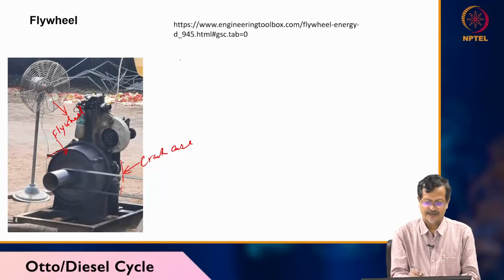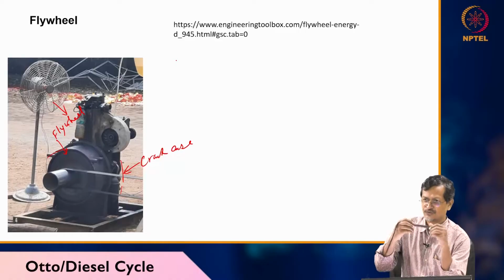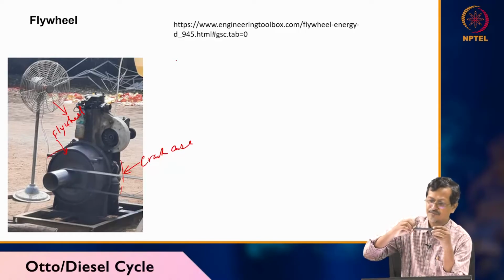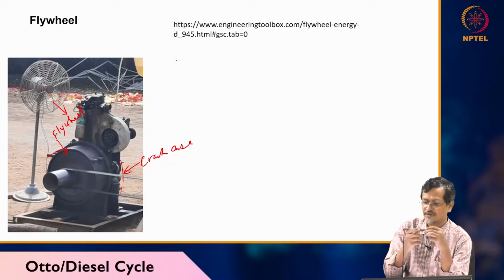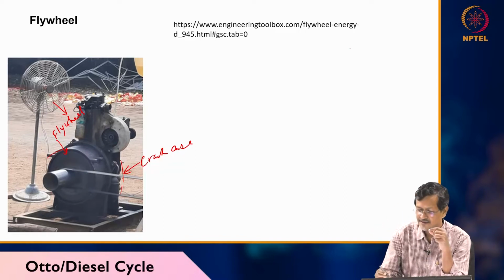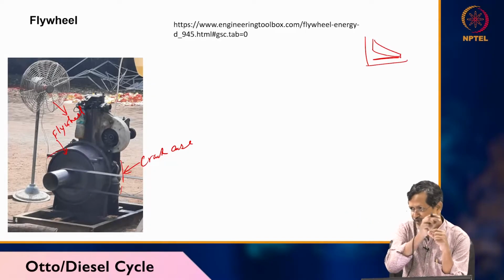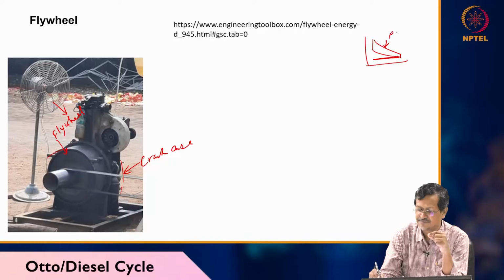So what is a flywheel? A flywheel conserves angular momentum. Let's say the shaft is rotating, and if I have a heavy mass, this heavy mass will absorb energy. Now, when my engine rotates 360 degrees or 720 degrees, I get power one time. Let's say a 4 stroke engine: moving backward, forward, compression, expansion, many movements, but you get power only one time.